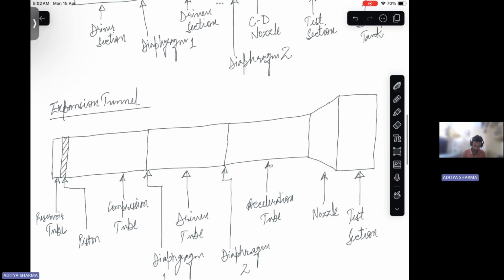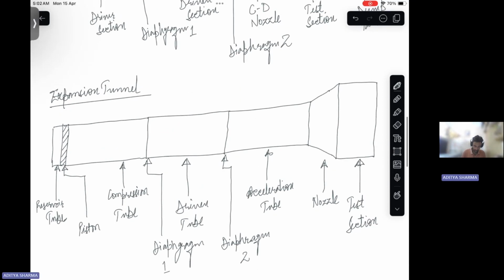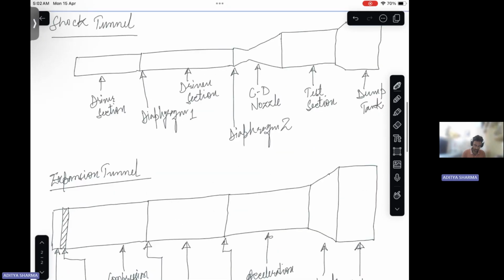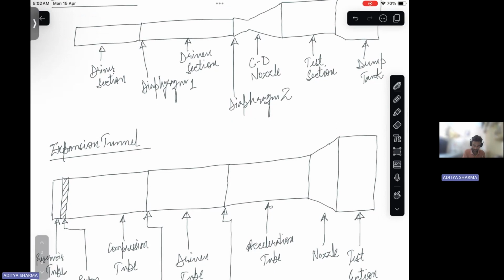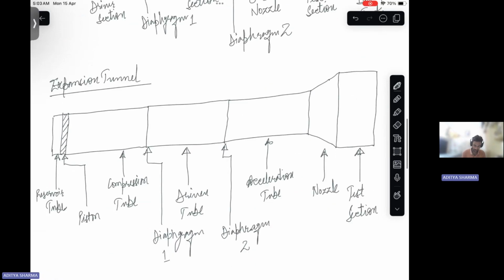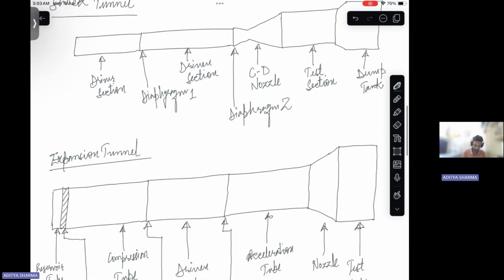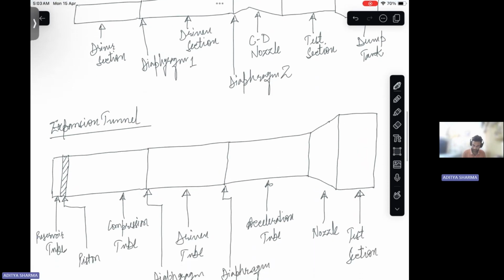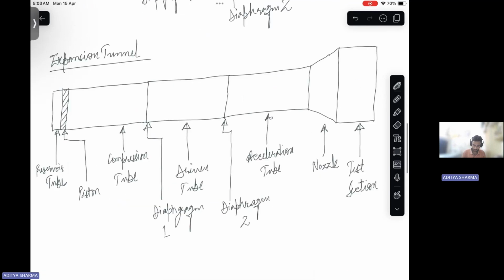Because we are using a piston here, which moves using the reservoir pressure. In the shock tunnel we were calling it a driver section, but here we call it a compression tube because we are using a piston, right? And then we have two diaphragms, right? And in the shock tunnel we were using a CD nozzle, but here we are using a divergent nozzle only.